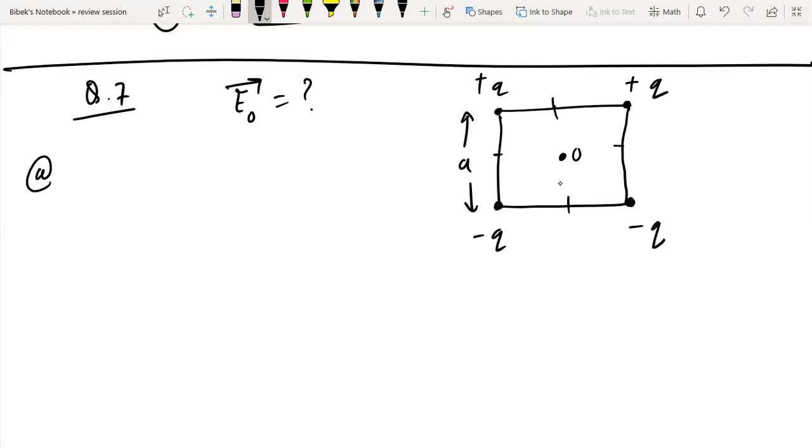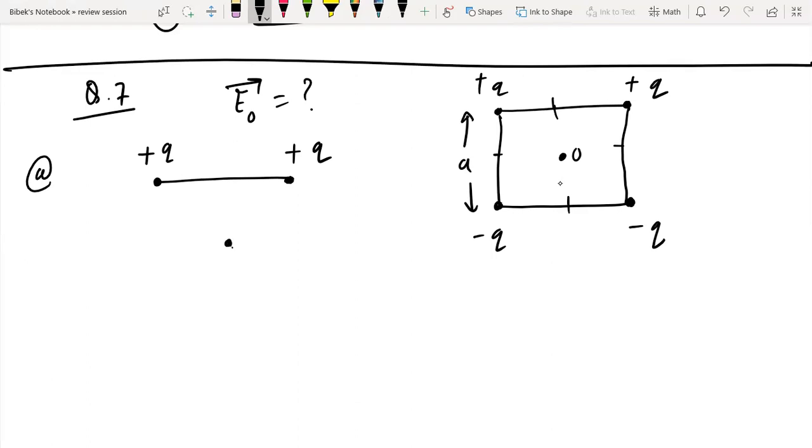So let's do the first part. If you only look at the top two charges for once, let me only take the above two charges, that is plus Q and plus Q. Let me draw it. If this is your center, you'll have electric field here due to this charge and this charge, right? Where will be the direction?